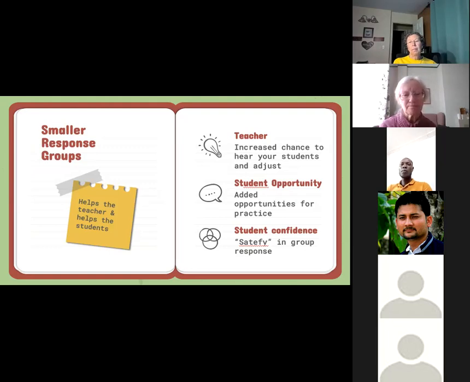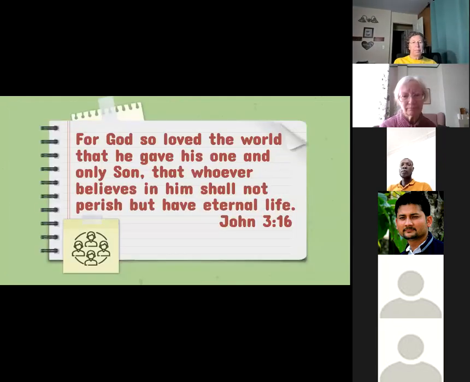So let's see if we can show you how this works. Here we have, of course, one of our favorite verses, John 3:16. For God so loved the world that he gave his one and only Son, that whoever believes in him shall not perish, but have eternal life.